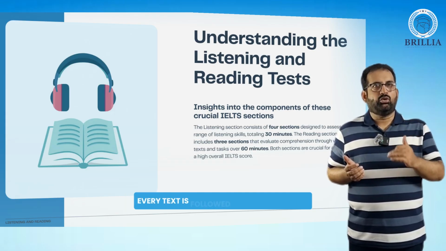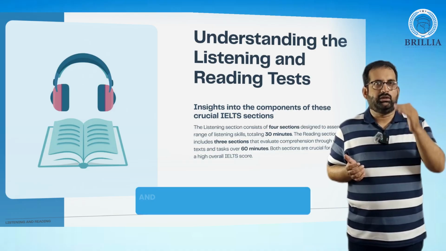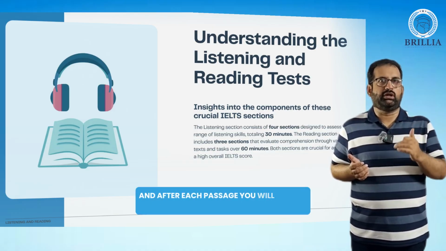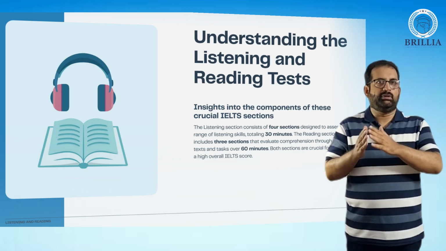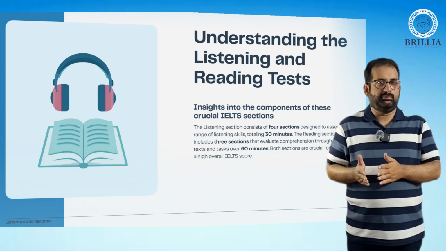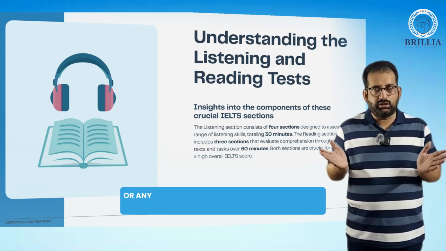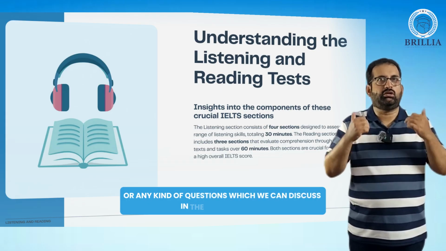Every text is followed by some questions. You will get 3 passages, and after each passage you will get the questions. It might be column matching, matching headings, filling the blanks, MCQs, or any kind of questions which we can discuss in the later sessions.